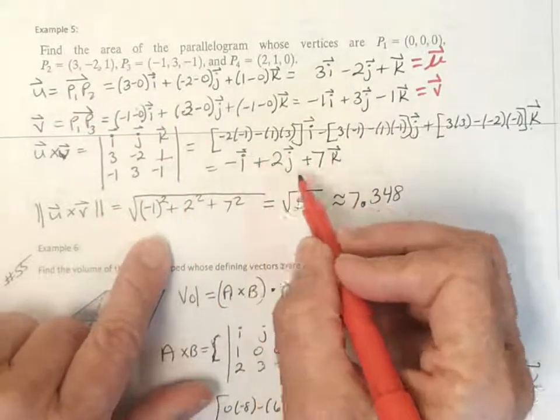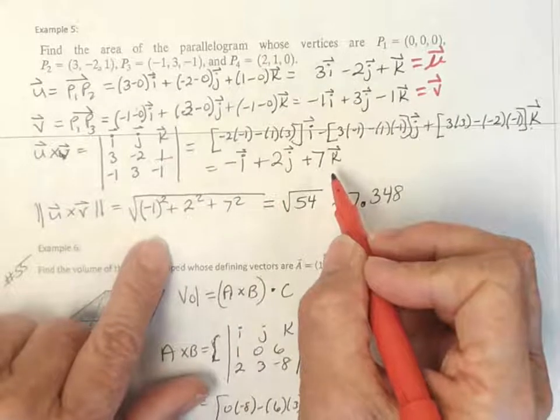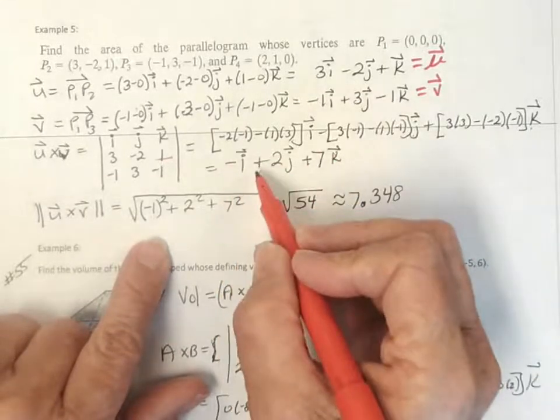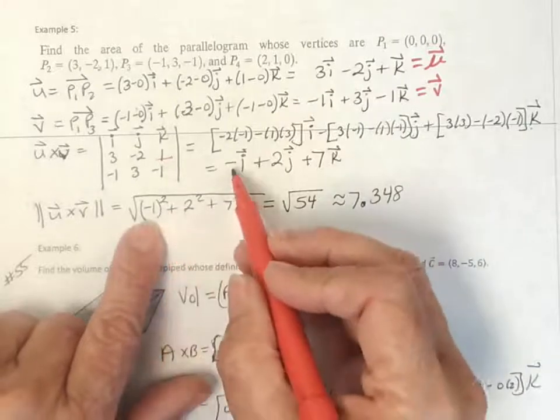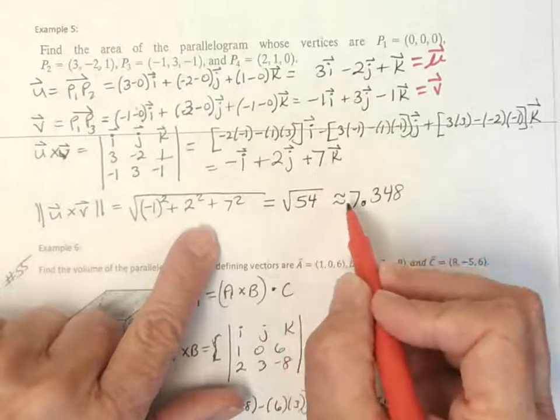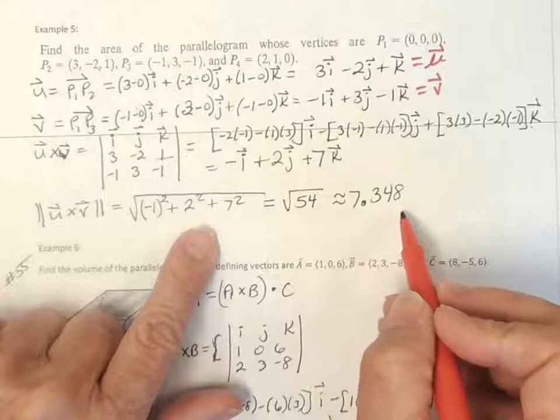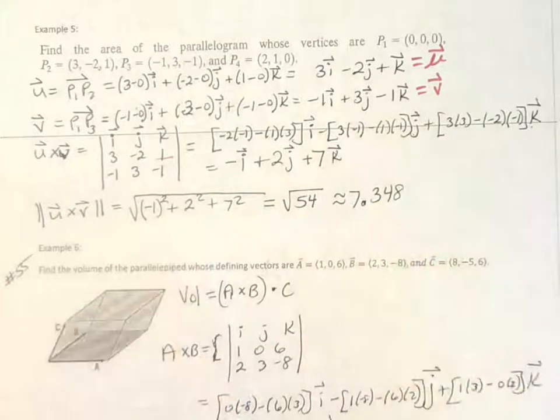But if I take the magnitude of this, I will have the area of my parallelogram. So negative 1 squared plus 2 squared plus 7 squared, square rooted. The area of this parallelogram is approximately 7.348 square units, whatever those units are.